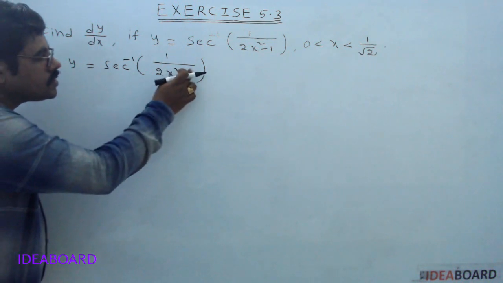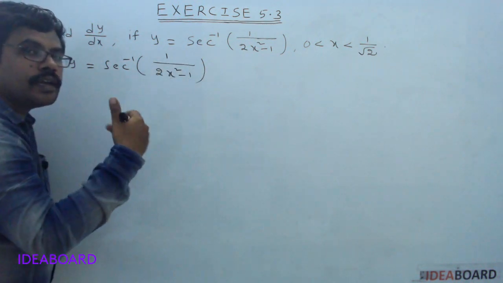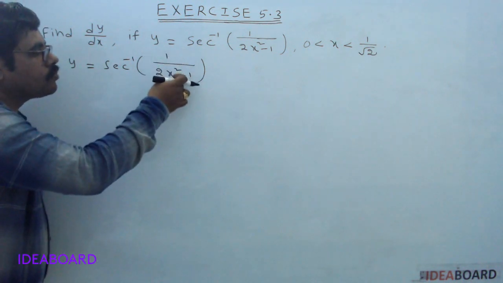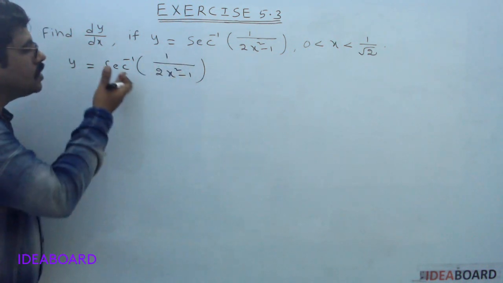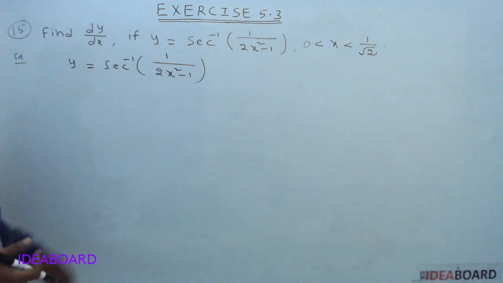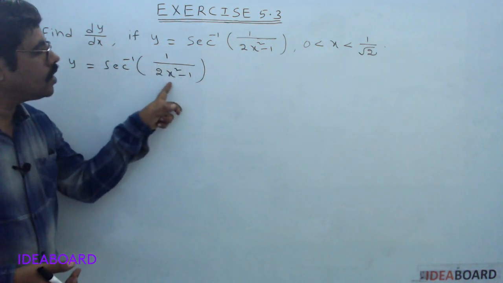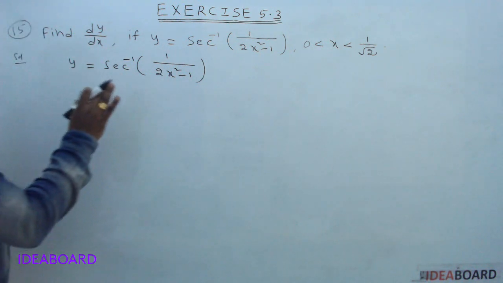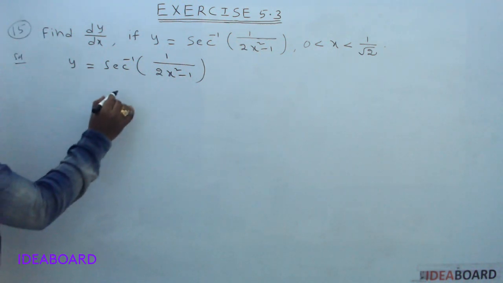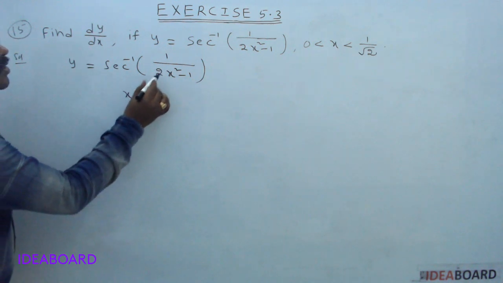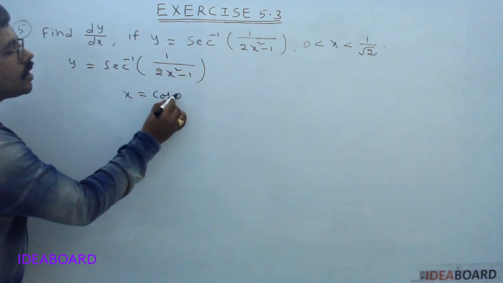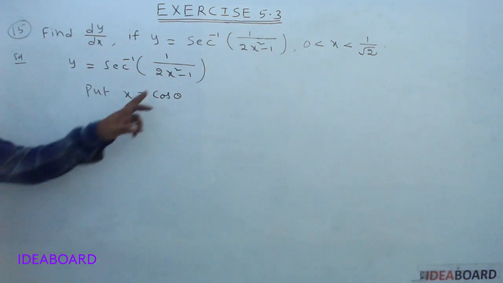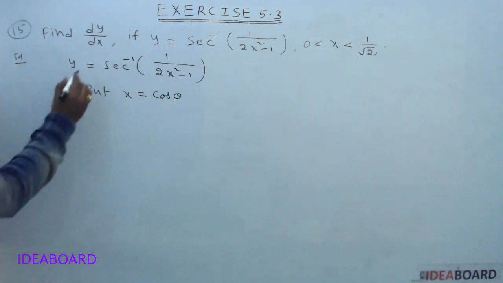If you try this denominator part in terms of cos function, automatically it will be 1 by cos, that becomes secant function. So try to convert this denominator part in terms of cos function. For that one, I will take the substitution as x equals cos theta. Put x equals cos theta. Now substitute x equals cos theta.